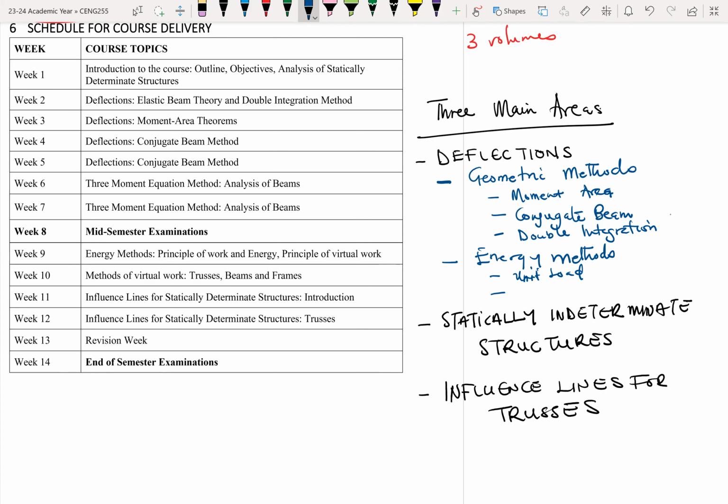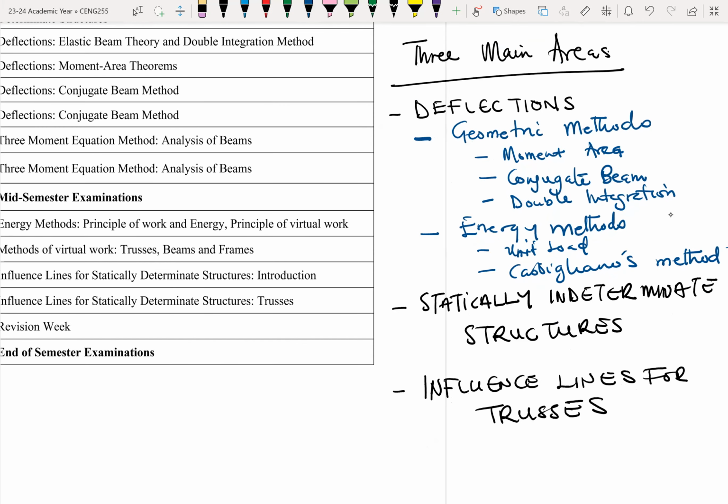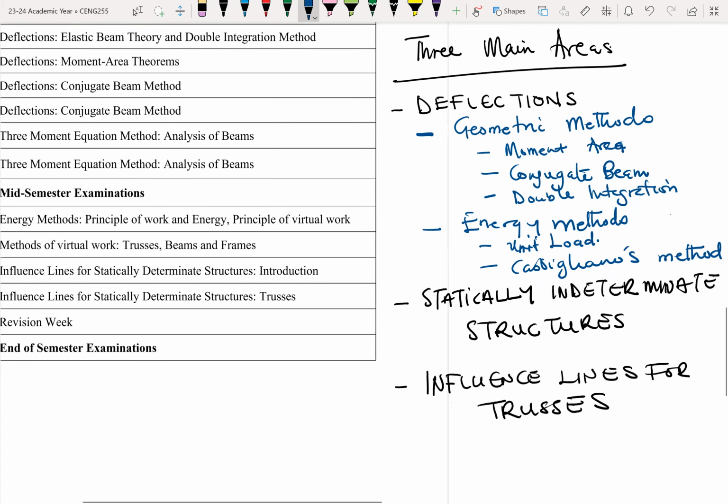And then we have others like Castigliano's method. We will do the Castigliano next semester, but we'll deal with the unit load method in this particular course. All right, so those are the deflections, how to calculate deflections.